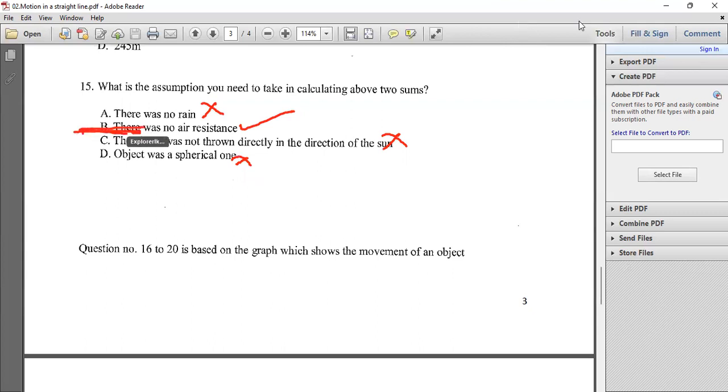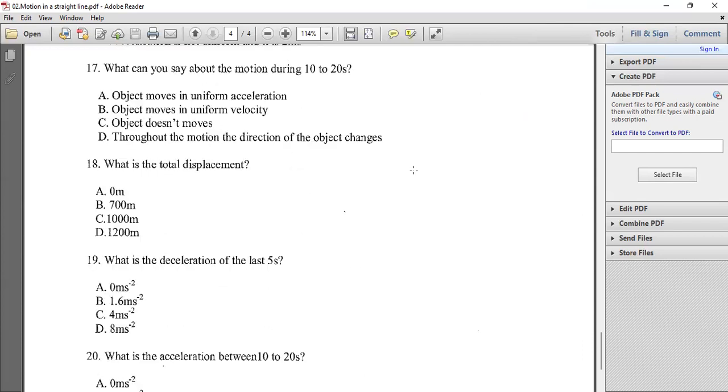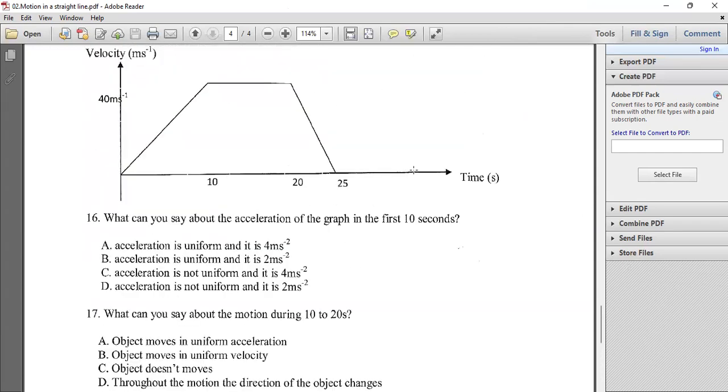Okay. Then questions 16 to 20 are based on the graph that they have given. When you look into this graph, this is a velocity versus time graph. So let's quickly mark what they have given. Within 10 seconds, the object has reached a velocity of 40 m s^-1.